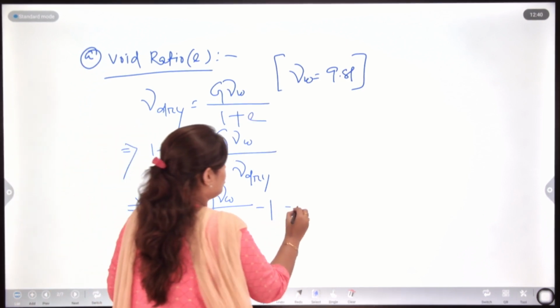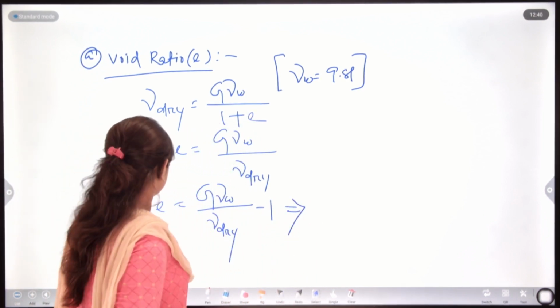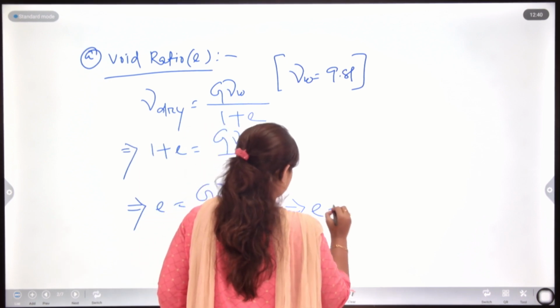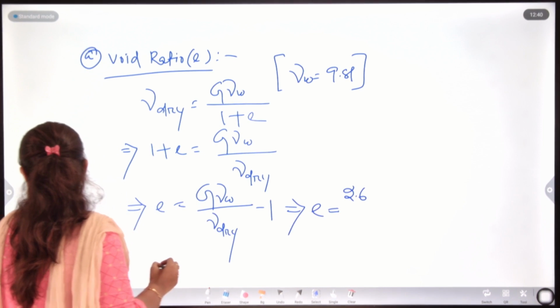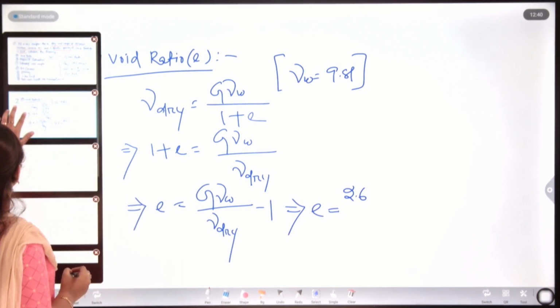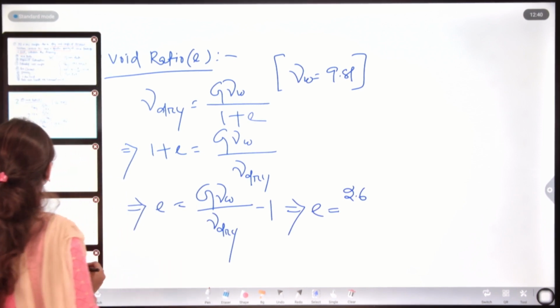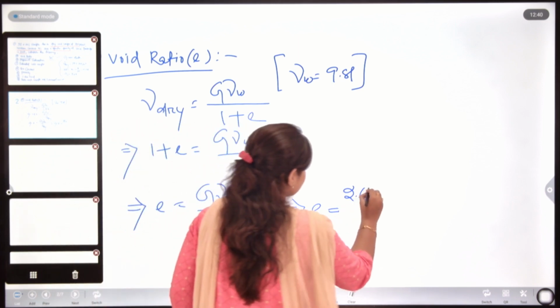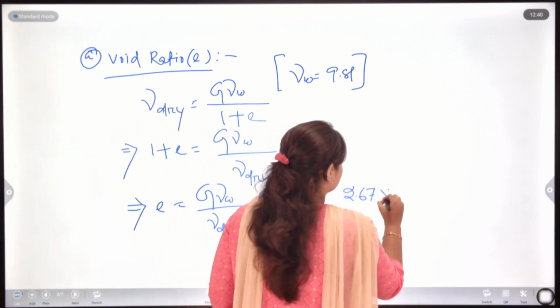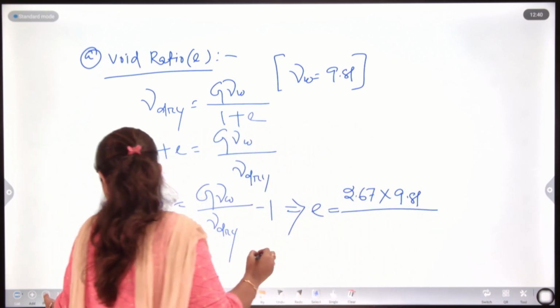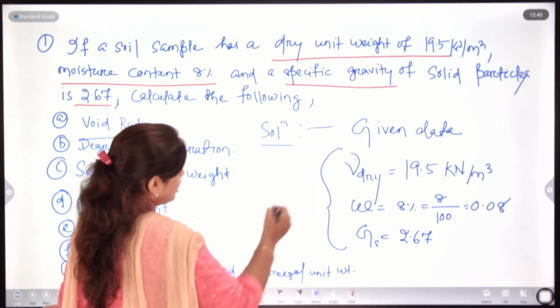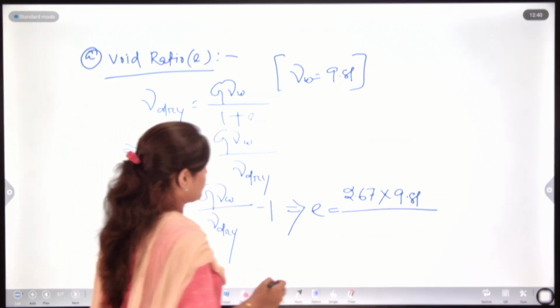Now, putting the given values, e will be G, which is 2.67, into 9.81, and gamma dry is your 19.5.